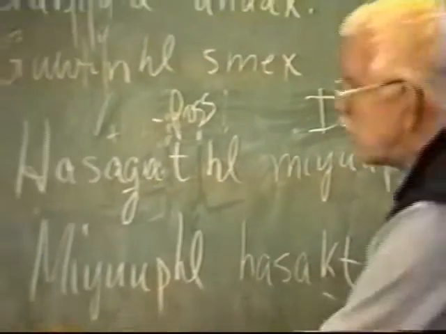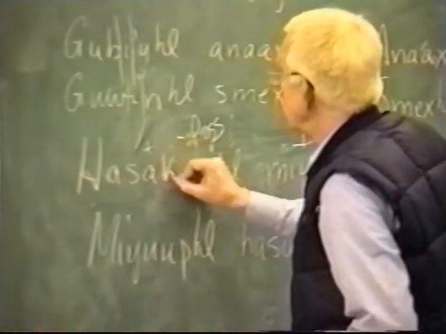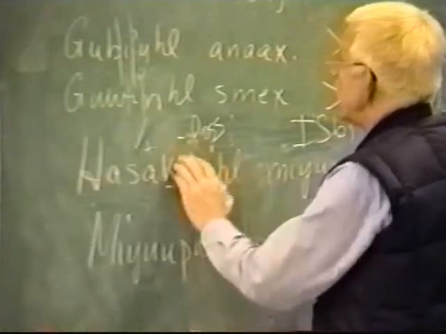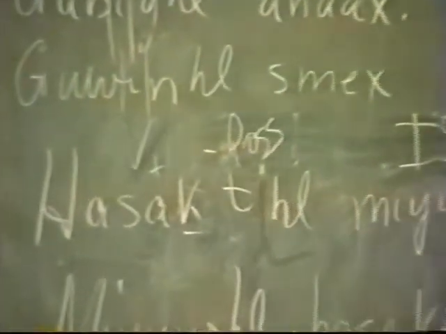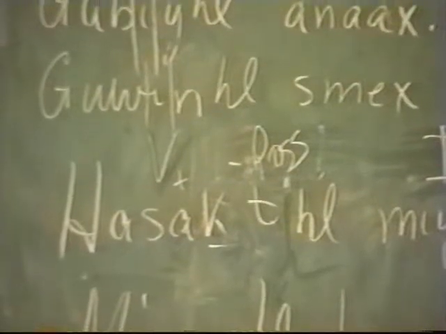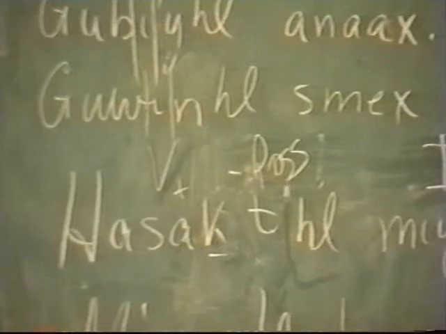Her wish is for rice, or her wish is rice, her want is rice. But what I've been trying to show you here is that words like hasak and wi'u behave like nouns, not like verbs.